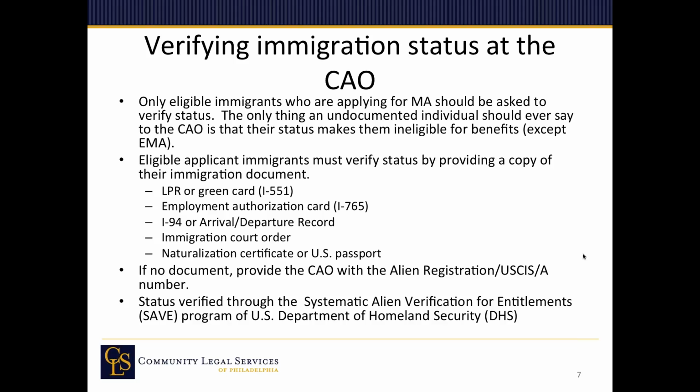And to make things even worse, there are some ways in which DHS's computer system just doesn't accurately identify the eligibility of certain groups of immigrants. So for some groups, especially those who are lawfully present but not qualified, the County Assistance Office will have to do a special workaround within their computer to get Medicaid turned on for those folks, because the computer doesn't automatically recognize these groups as eligible.